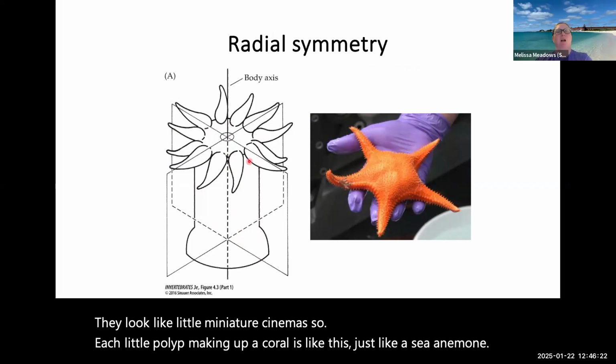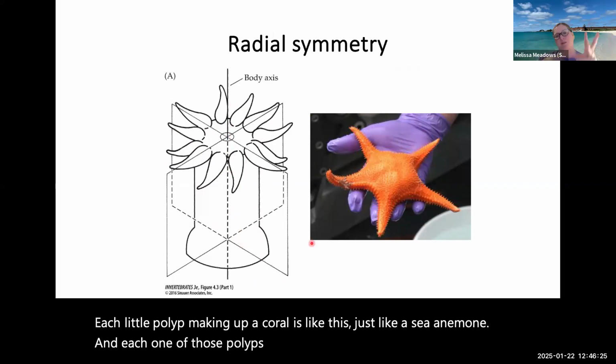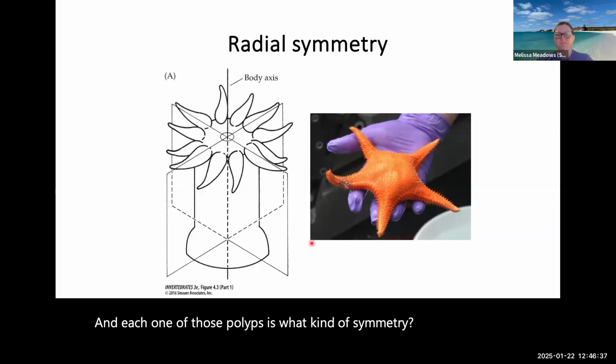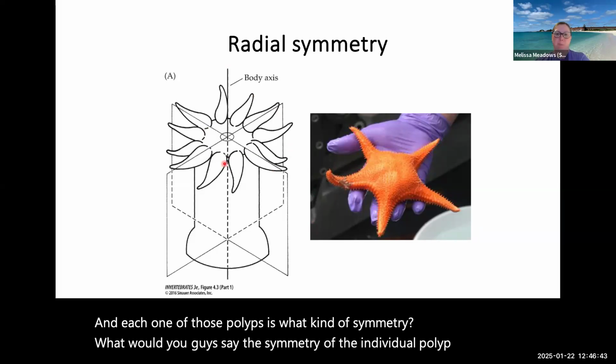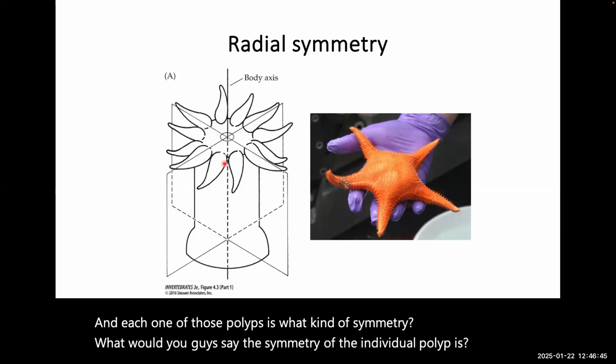And each one of those polyps is what kind of symmetry? What would you guys say the symmetry of the individual polyp is? Radial. Radial, exactly.